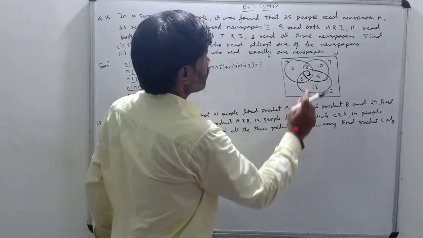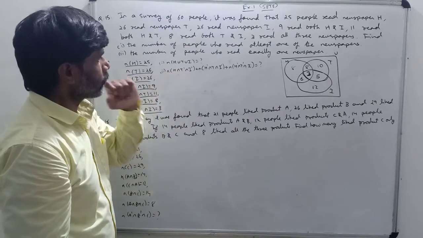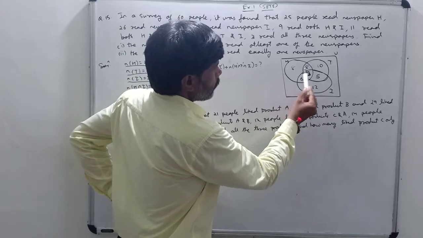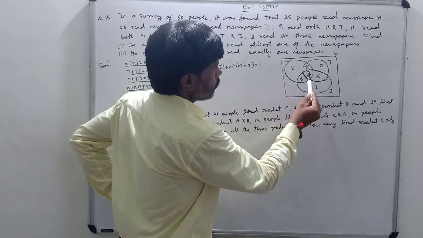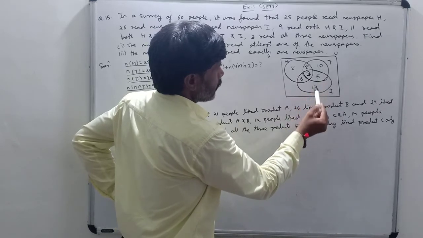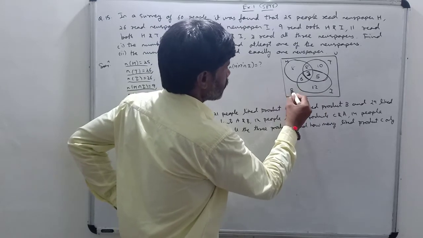Now the total is 60. We want to find out H union T union I. First question is H union T union I. Outside also we'll see. Total is 60 or what? 8 plus 8, 16. 16 plus 6, 22. Plus 3, 25. Plus 5, 30. Plus 10, 40. Plus 12, 52. So outside should be how much? 8. 60.